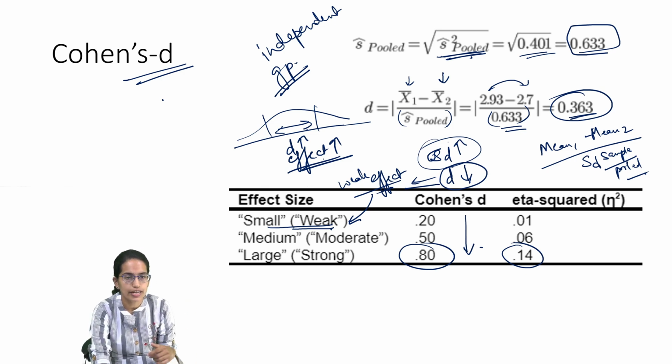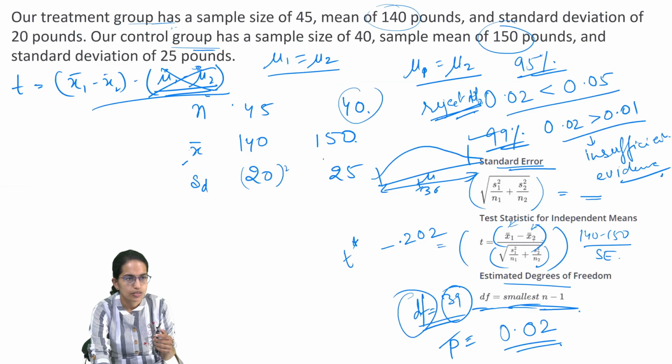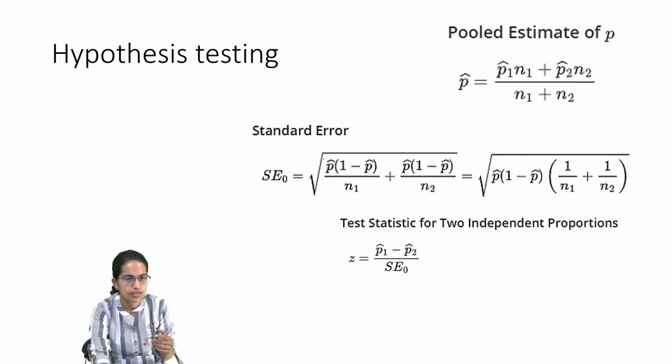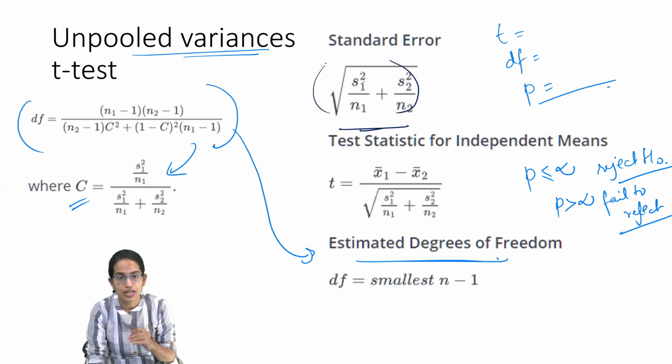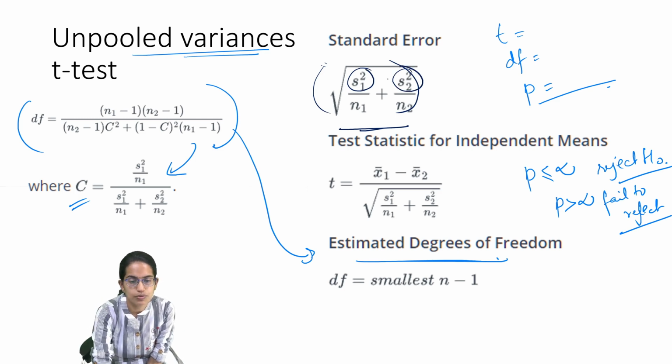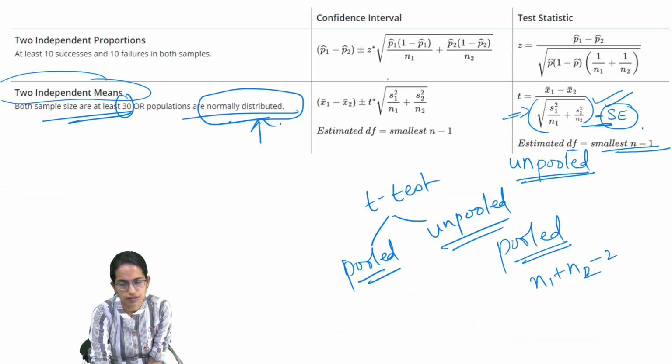If you want, I can go for the unpooled variance again. In the case of unpooled variance, this is my standard error, so I don't need to find the standard error here. What I need to find is just the standard deviation. So the standard deviation is the root of S1 squared plus S2 squared.